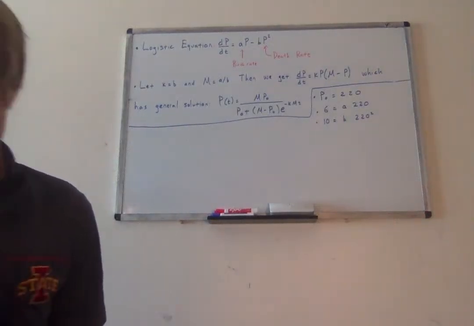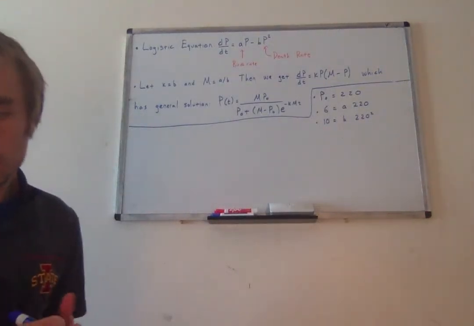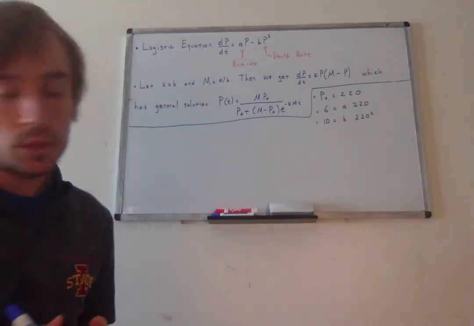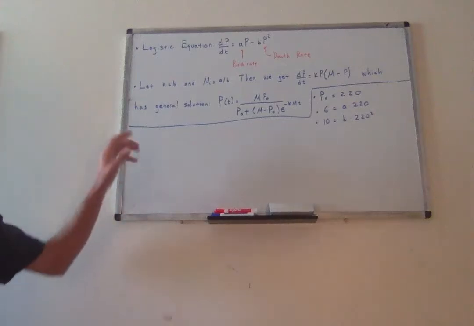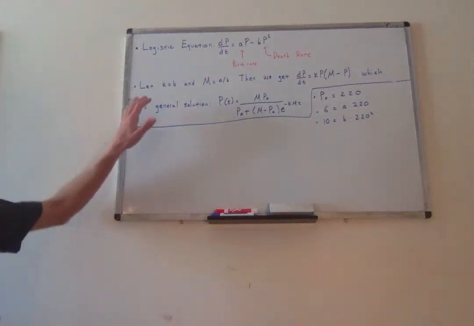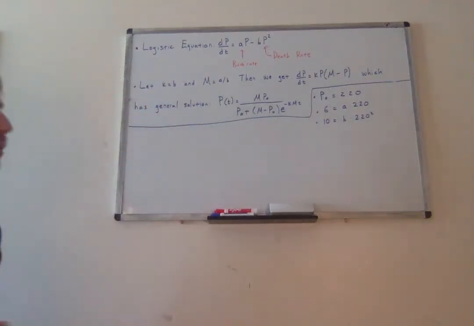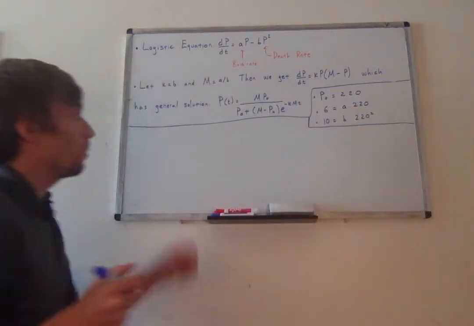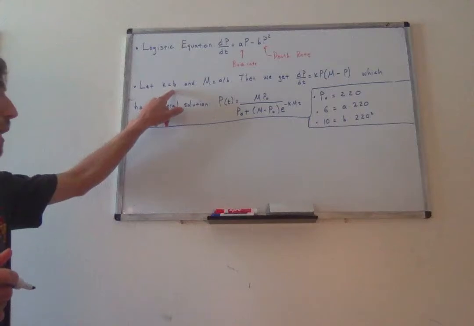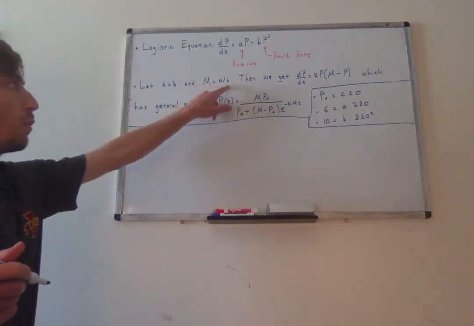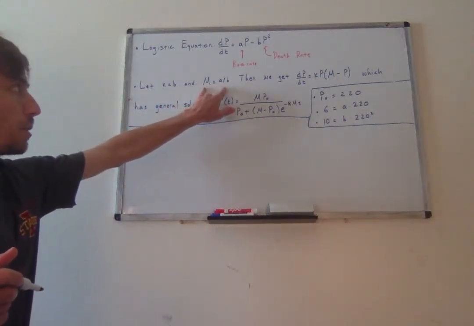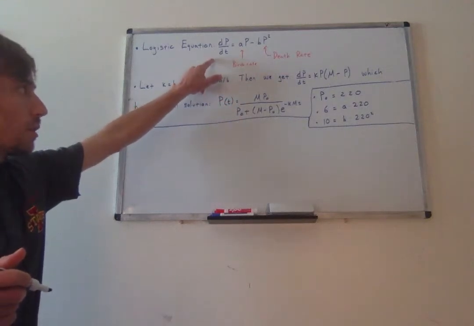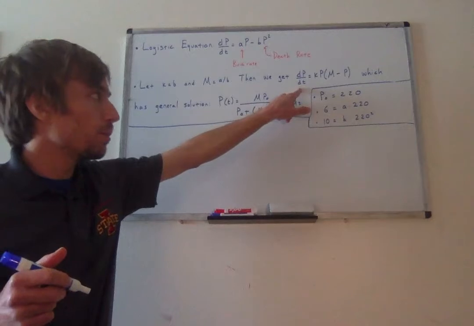And so we want to know how many months it takes for P of t to reach 115% of the limiting population M. I've got the start to this problem on the board. If we let K equal B and M equal A over B, so here's the limiting population, then we can rewrite this logistic equation in this form.